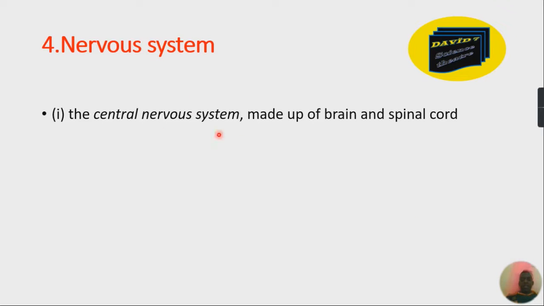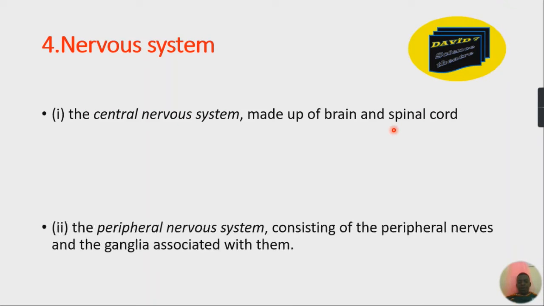Okay, so the central nervous system is basically the brain and the spinal cord, whereas the peripheral nervous system consists of peripheral nerves and associated ganglia. Ganglia which are associated with the peripheral nerves. And that is it.